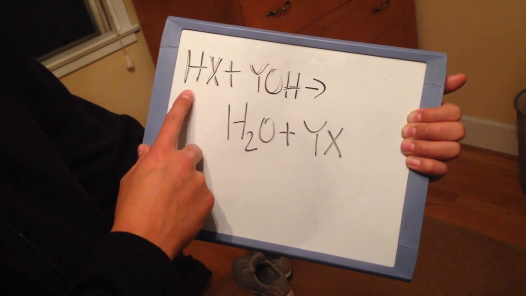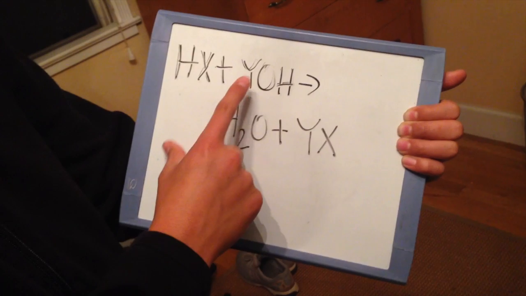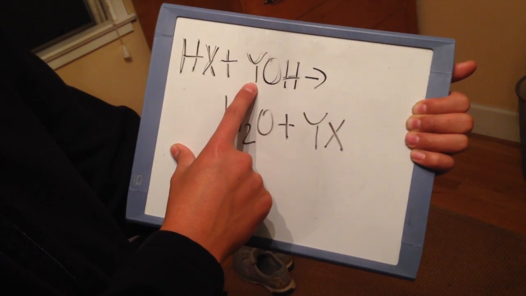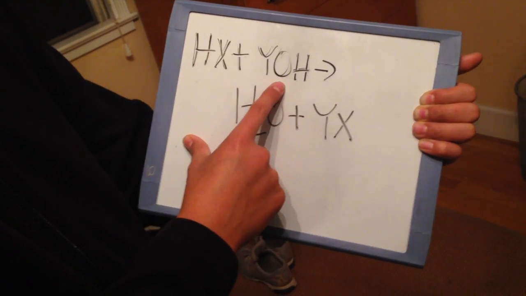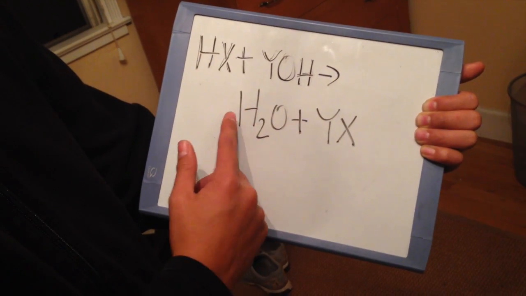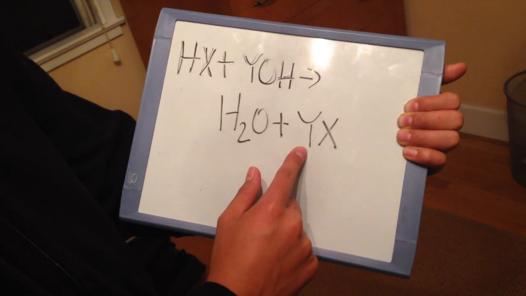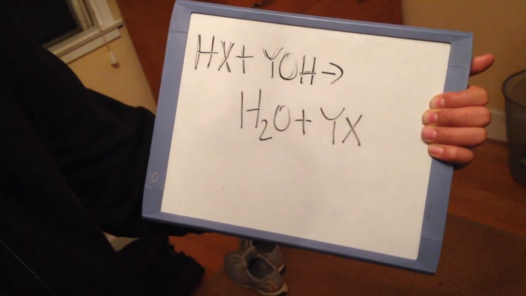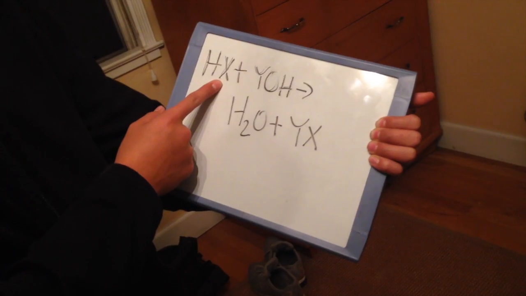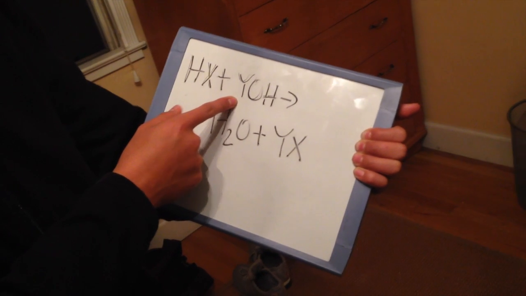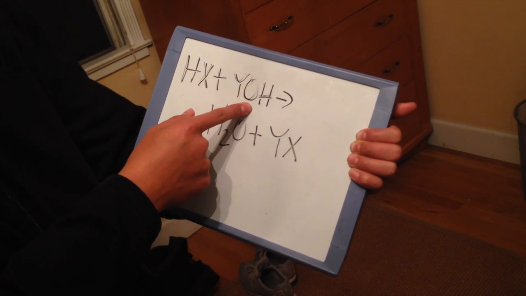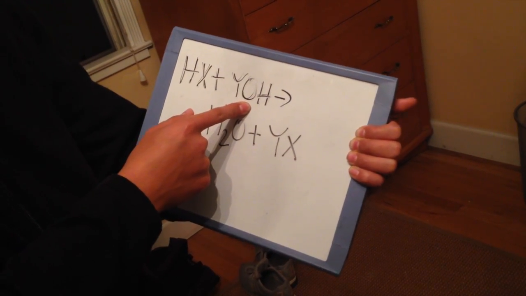You have the hydrogen attached to an unknown anion, plus the cation Y attached to the hydroxide. Then it results in water, with the cation and the anion combined together to create a salt.